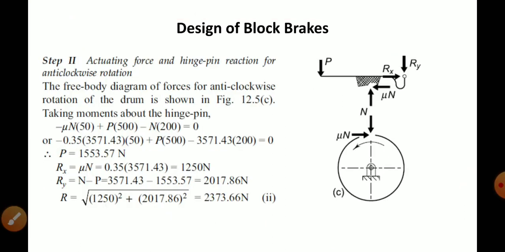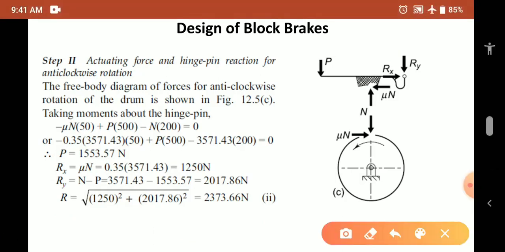Now step number 2. When this drum is rotating in anti-clockwise direction, we find the reactive forces acting on the hinge and the effort P required to actuate the brake. Again, considering the free body diagram and taking the moment of all the forces about the hinge point O, we write the equation: minus mu N into 50 plus P into 500 minus N into 200 is equal to 0.